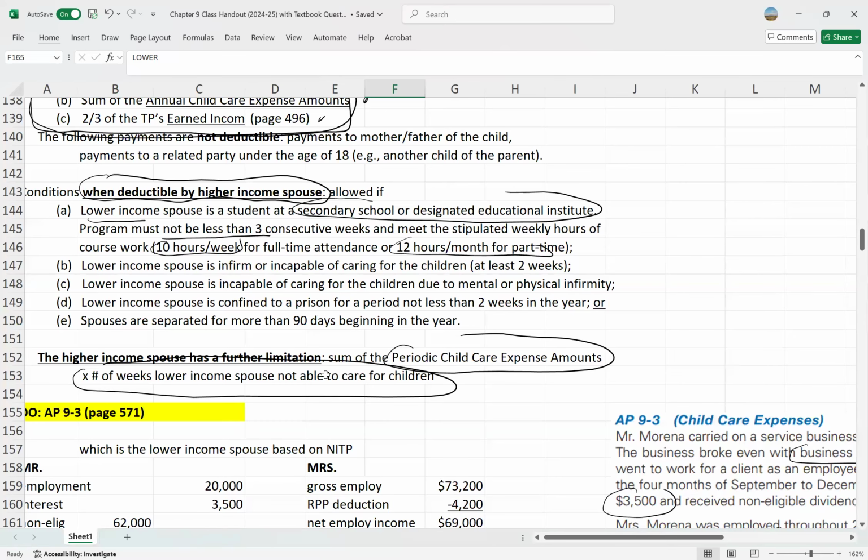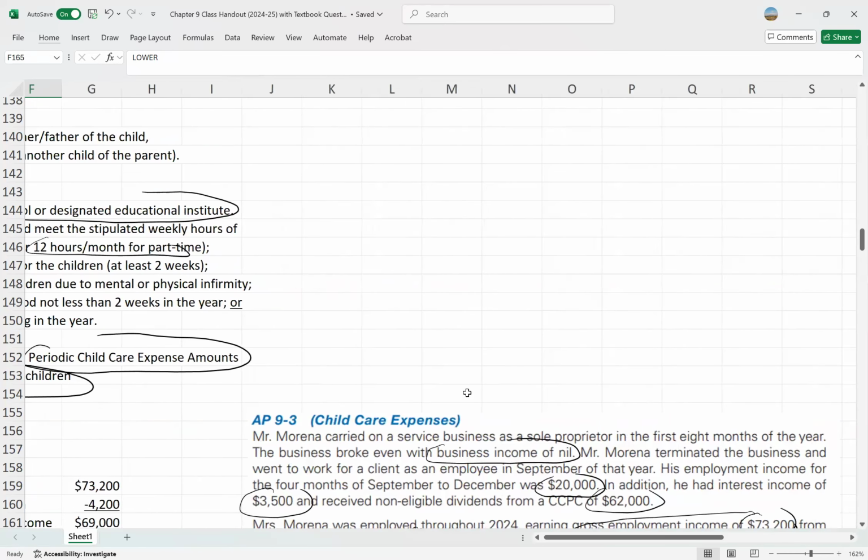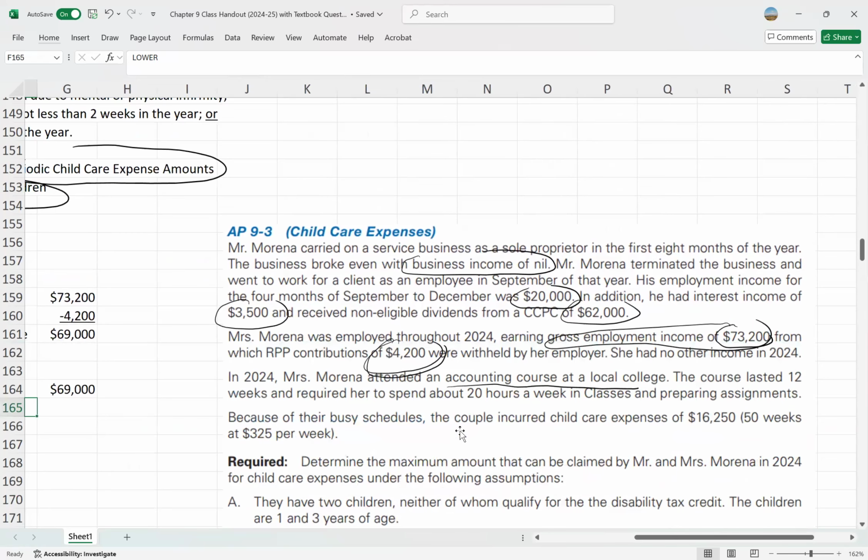Now, back to the question down here, it was basically full-time. It lasted 12 weeks, 20 hours of class and assignment preparation per week. So she was in school for 12 weeks, and so Mr. Morena may be able to make some claim.